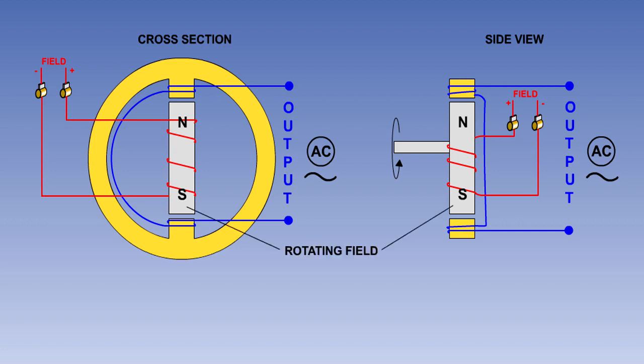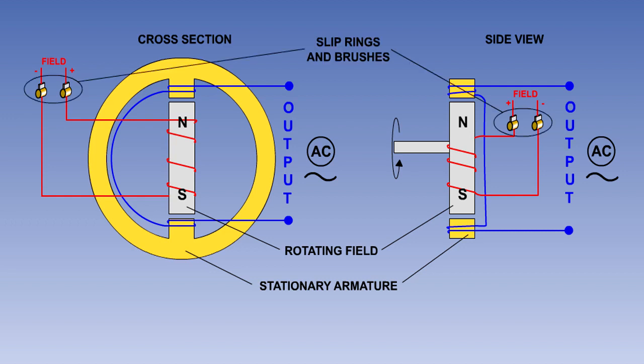The magnet with its field windings is on the rotating assembly, or rotor, and the heavy armature windings are on the stationary assembly, or stator. The field current, which is much lower than the armature current, is fed onto the rotor through brushes and slip rings.